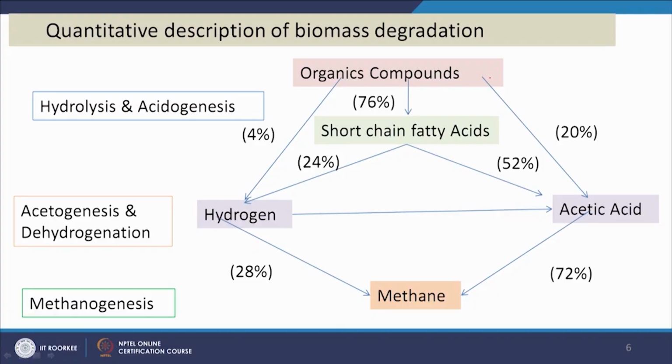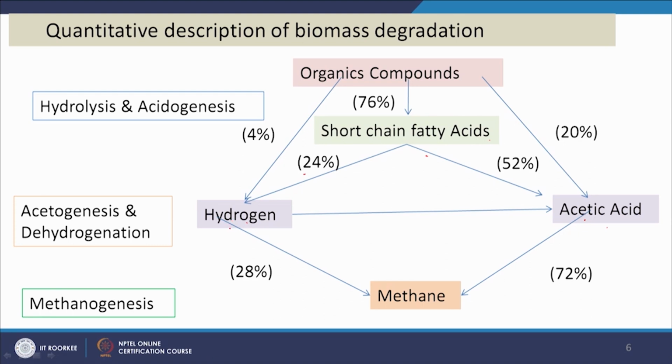Now, we will see the relative contributions of different types of reactions. If we have organic compound as 100%, out of this 76% is converted to short chain fatty acids, 20% to acetic acid and 4% to hydrogen. Then of the 76% short chain fatty acids, 52% is converted to acetic acid and 24% to hydrogen.